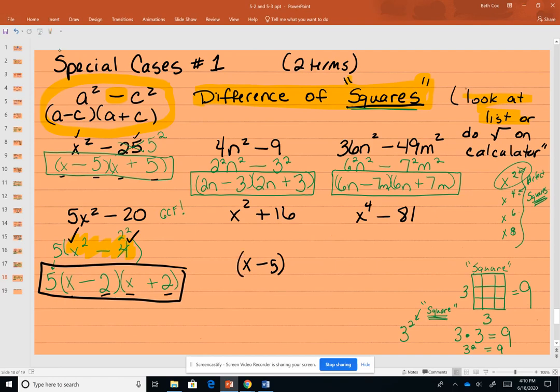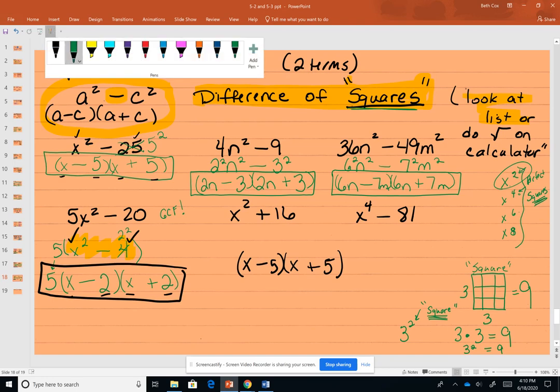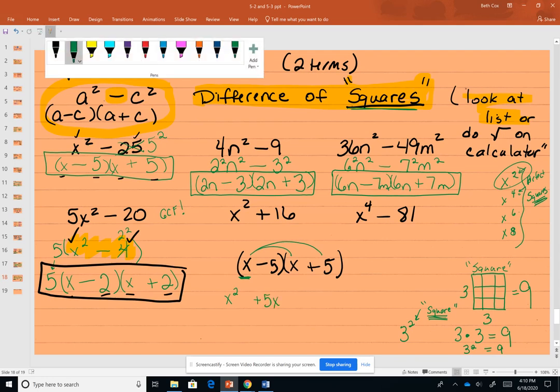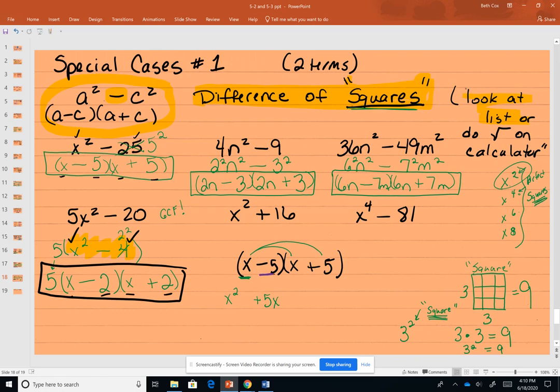Let's really multiply this out and see what we get. This is where the meaning comes in. I'm going to take this x and multiply by both of those. X to the second plus 5x. Round 2, and we'll take the negative 5 and multiply it by both of those.